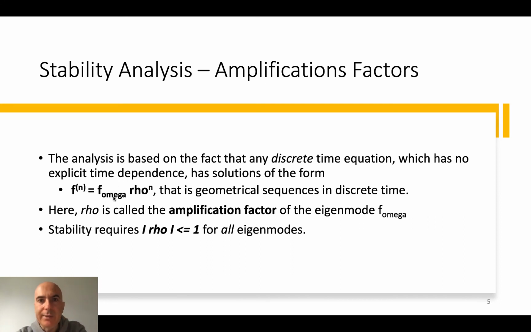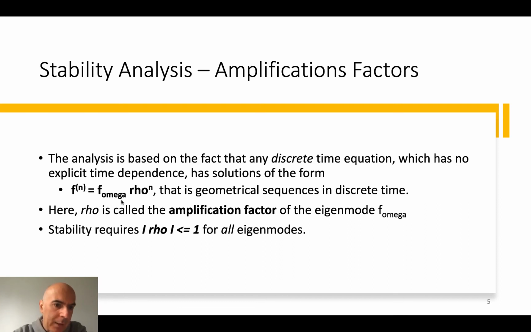So this f n grows when rho is larger than 1, and it will blow up with time. So in order to keep our solution bounded and not make it grow as a geometrical sequence, we are going to require, for stability reasons, that the absolute value of our amplification factor is less than or equal to 1.